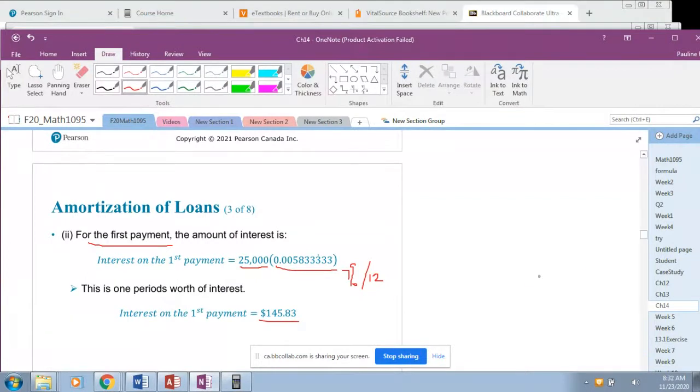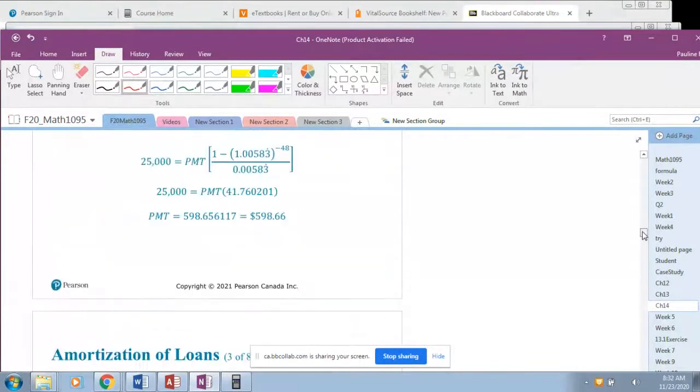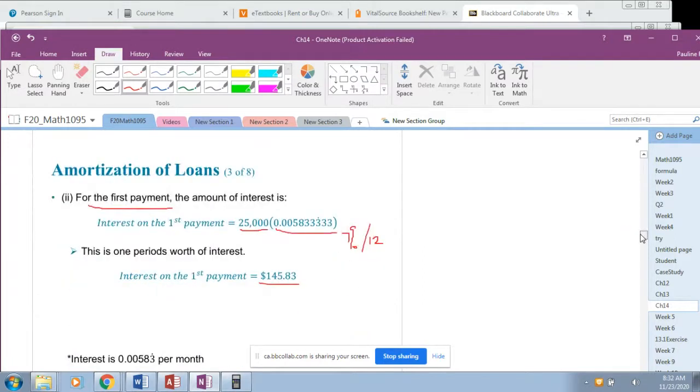So when you make the payment, remember the answer from question 1, $598.66. This number has two components. One component is the interest. How much? 145.83. This is the interest component.